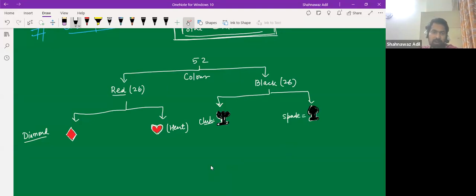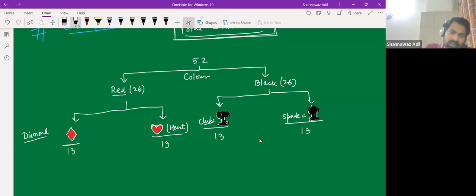Okay. So how many diamonds would be there? 13. So this is 13. And how many hearts? 13. How many clubs? 13. And spades. Okay. So this is how it is divided.